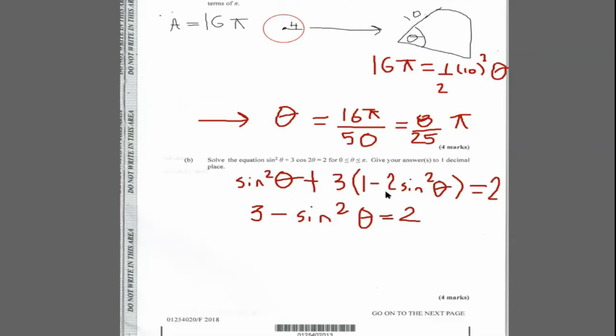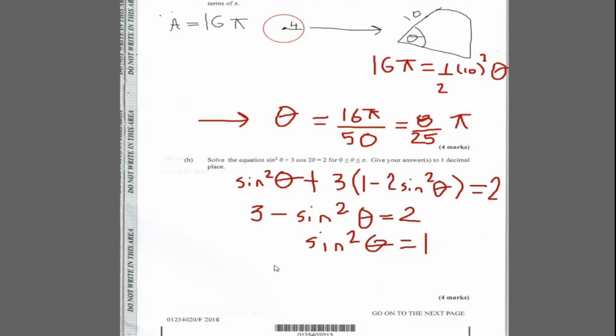Then I can bring over sine square theta, and bring over 2, and so what I'll get is sine square theta has to be 1. Think about it this way, 3 minus 1 equals 2, so sine square theta is 1.